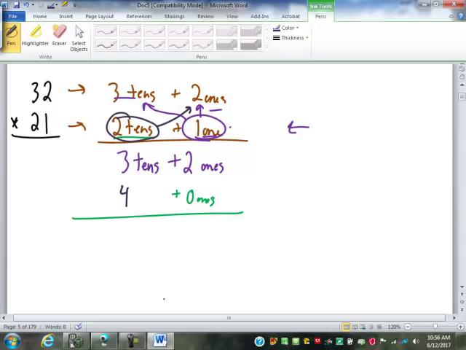Tens times ones is tens. Putting in that 0 or leaving a blank space there is just making sure our tens stay lined up with our tens. Now we have our 2 tens times our 3 tens. What's 2 times 3? 6. And then multiplying our names, tens times tens, is hundreds, yes.